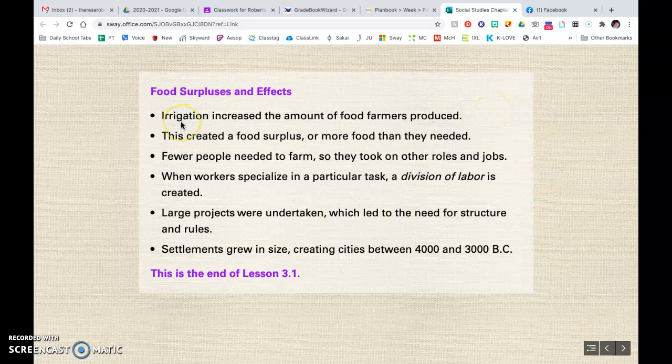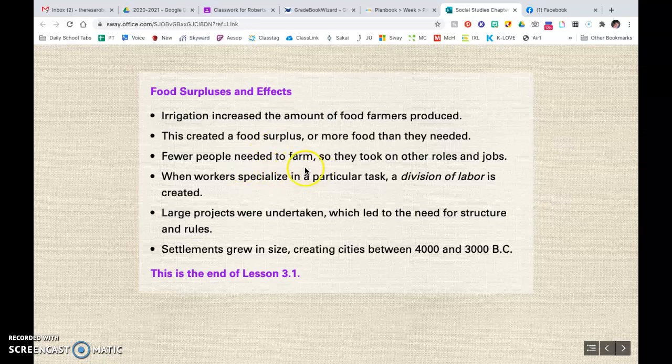So the farming techniques that were invented, the irrigation, increased the amount of food farmers produced. We just said it caused a food surplus, which is more than they needed to survive. So now they can store up. So again, no longer just surviving, they can really start living and enjoying life a little bit.